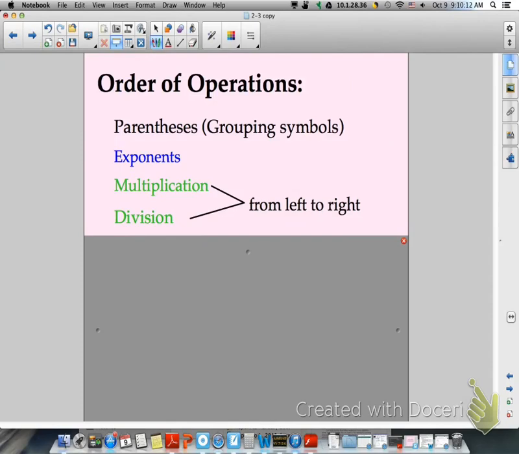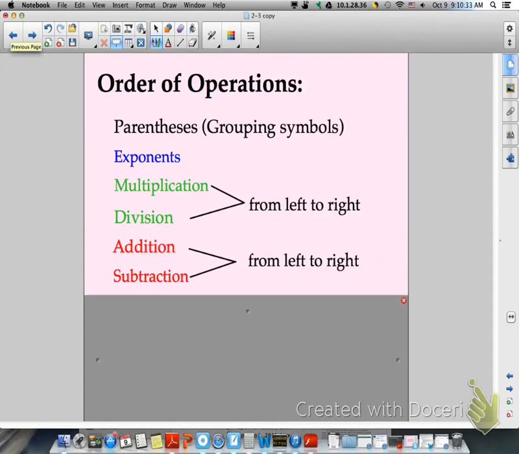If you have multiplication first, do that first, and then do division. If you have division first and then multiplication, then do that. Can you sit up, please? Okay. Thank you. And what happens with addition and subtraction? Left to right.